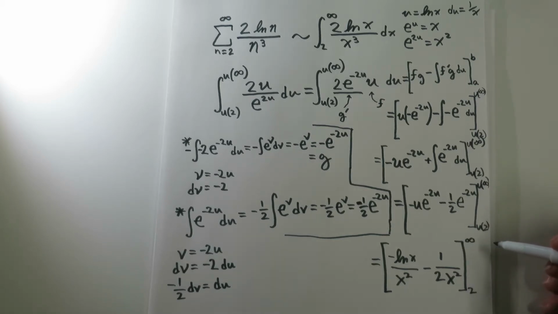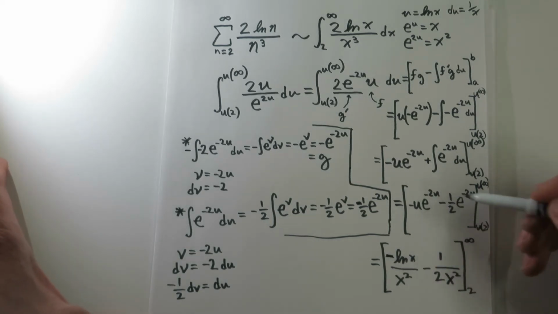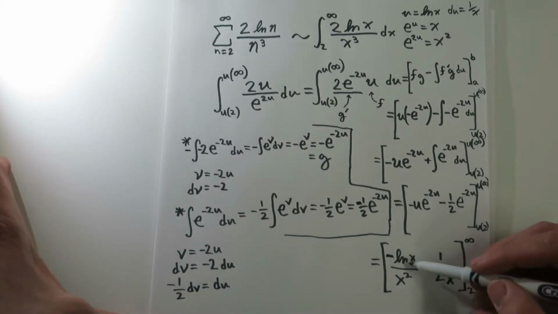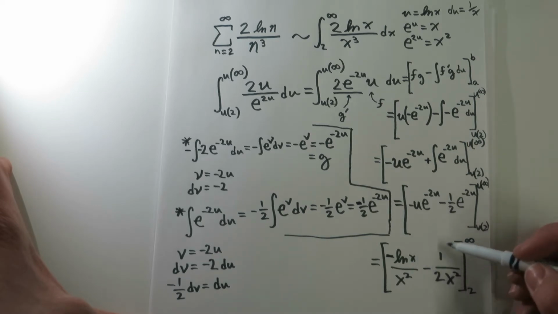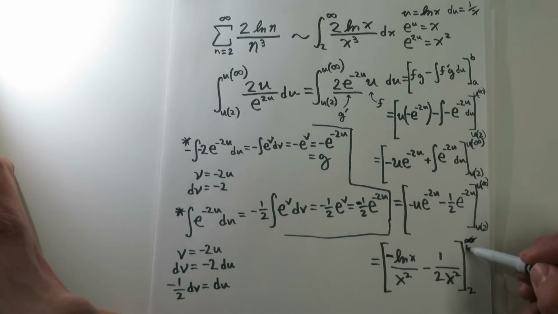And let's see what we have here. Let's say that we were evaluating for infinity first. We have this ln of x, and ideally this would be written as the limit as t approaches infinity.